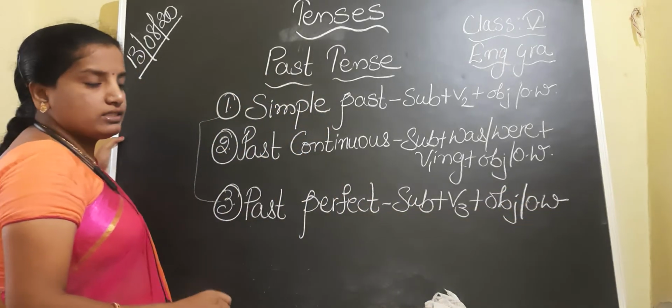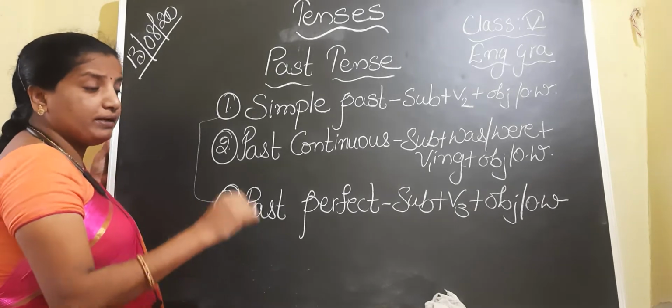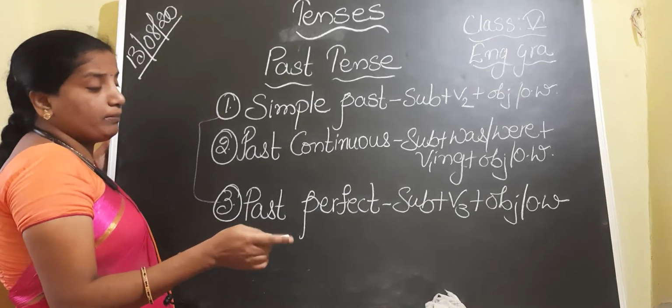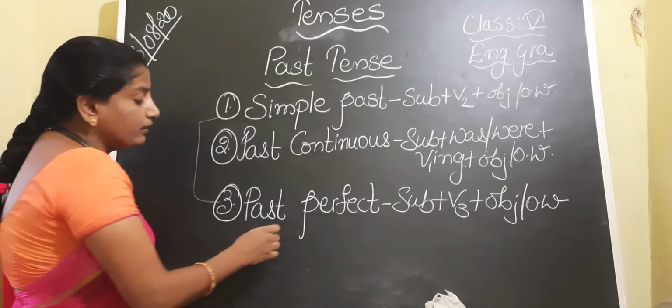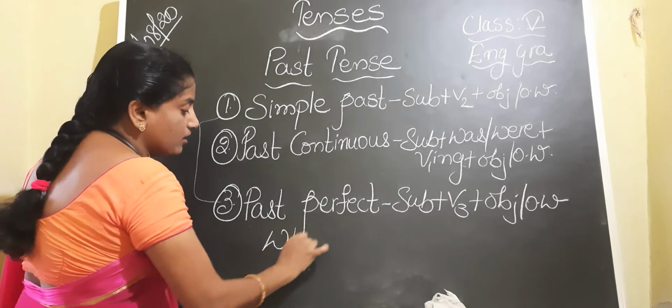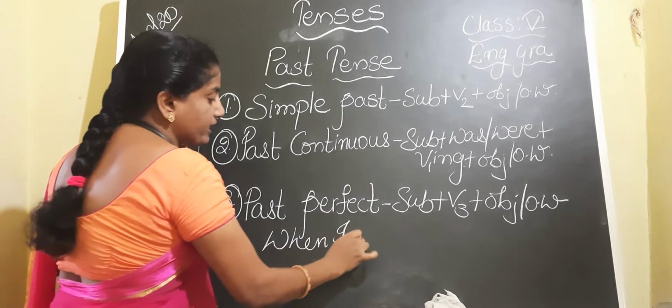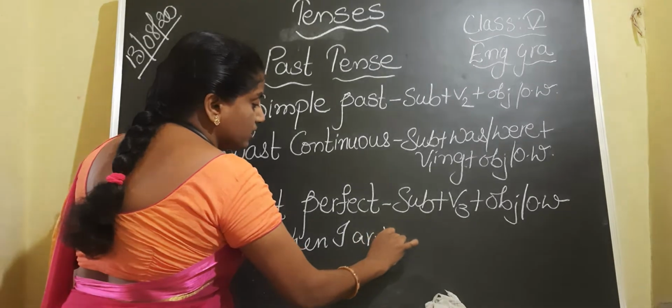Along with the subject. See children, if you observe one example about the past perfect, you will get clear clarification. See, when I arrived, here I have used the simple past.